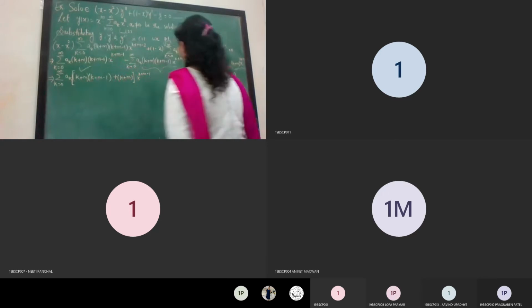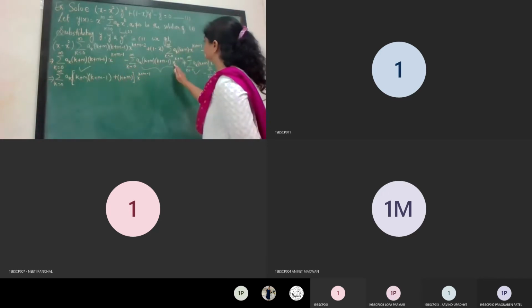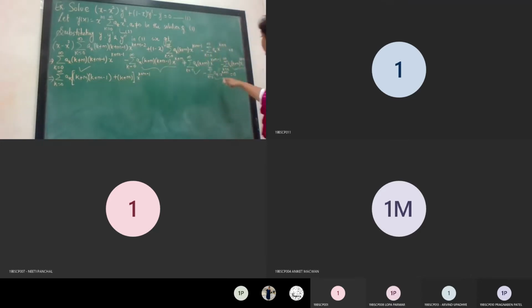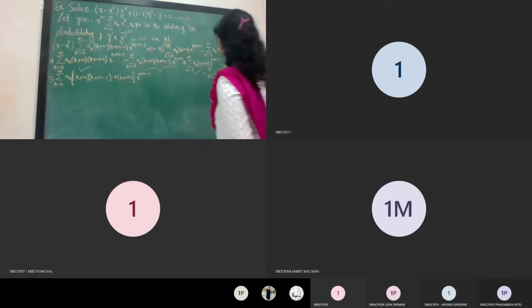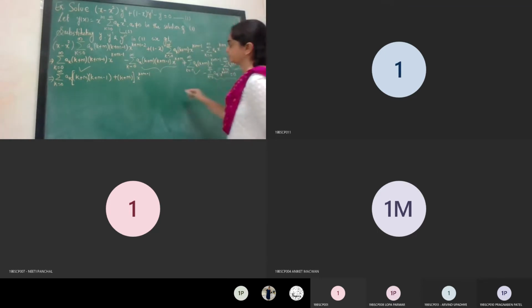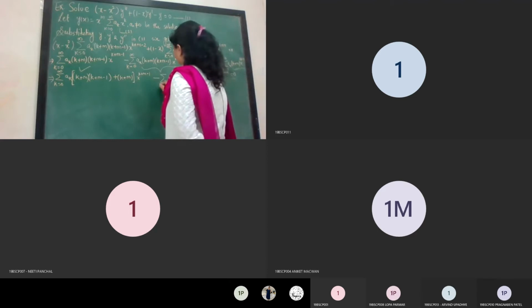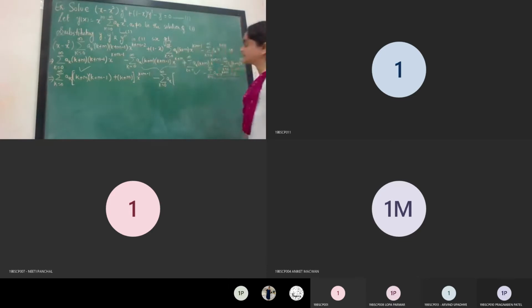Now let us collect the coefficients of powers of x raised to k plus n. Since this is the negative sign, I will consider it common. There is no positive sign in either of these powers. So minus summation 0 to infinity ak, and the other coefficients I will write in the square brackets.